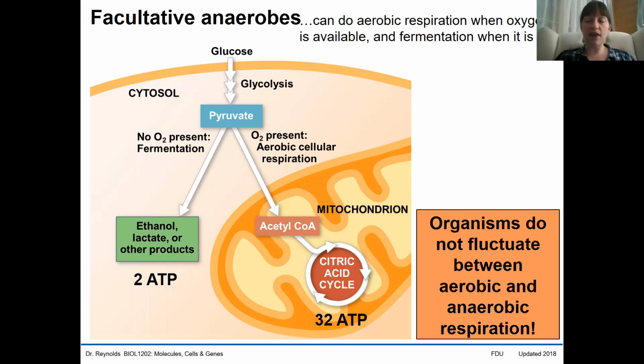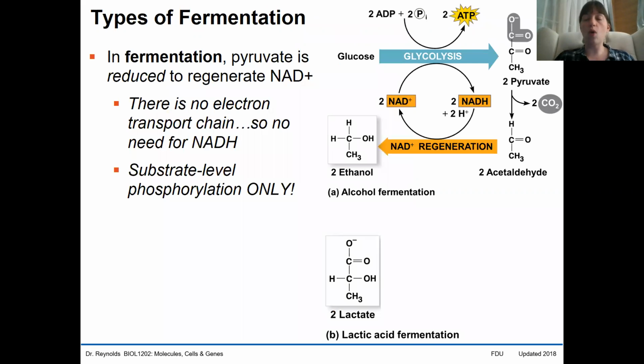So facultative anaerobes are capable of utilizing aerobic cellular respiration, but when oxygen is absent, switching over to fermentation. Fermentation has one single goal, and that is simply to remake NAD+.